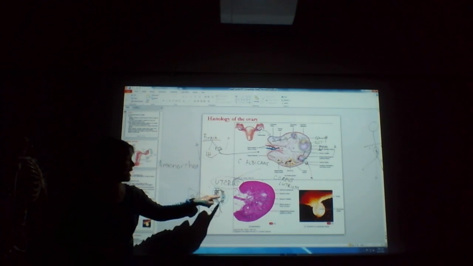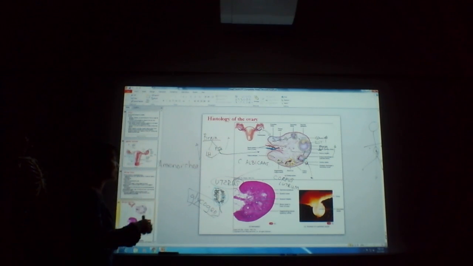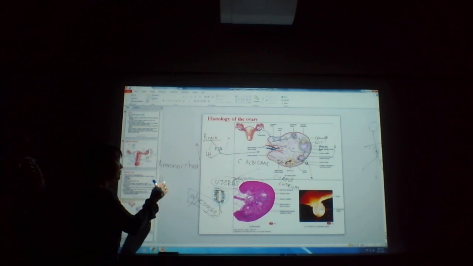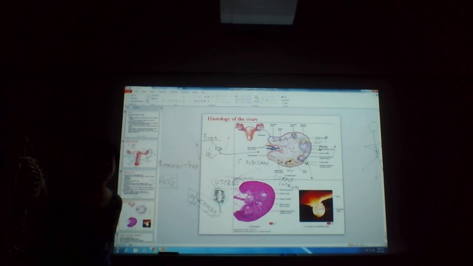What's going on is that little baby starts secreting a hormone called HCG. If you've ever been pregnant or if you're trying to get pregnant, the pregnancy test actually tests for beta HCG. And if this appears in your urine, you're pregnant. Why? Because you don't make it, the baby makes it.